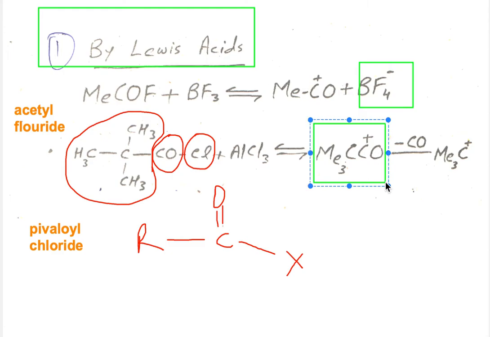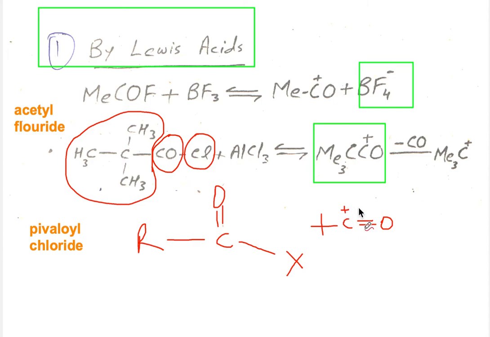producing another carbocation, the pivaloyl cation. This carbocation is not as stable as it can be, therefore it undergoes further transformation. If I can draw the tertiary butyl group here, then the carbonyl carbon with a doubly bonded oxygen, and a positive charge here.